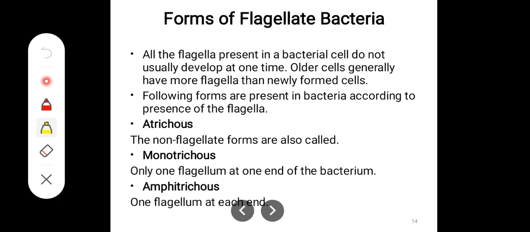Next, you can see the forms of flagella. The first is atrichous, then monotrichous and amphitrichous. Atrichous means no flagella, monotrichous means only one flagellum, and amphitrichous means one flagellum at each end.